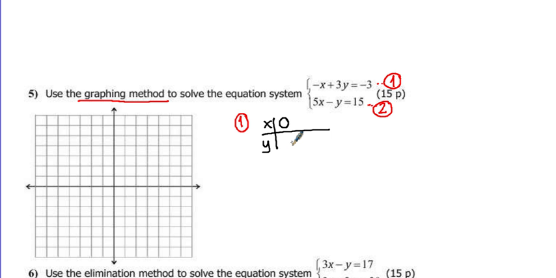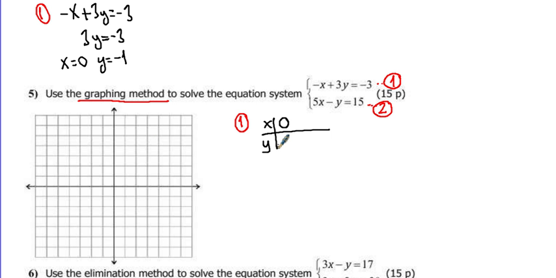I have negative x plus 3y is equal to minus 3. If x is equal to 0, 3y is equal to minus 3, y is equal to minus 1 in case x is equal to 0.